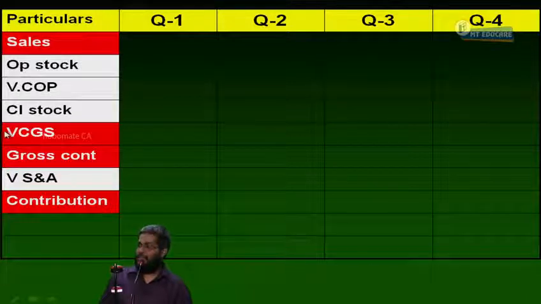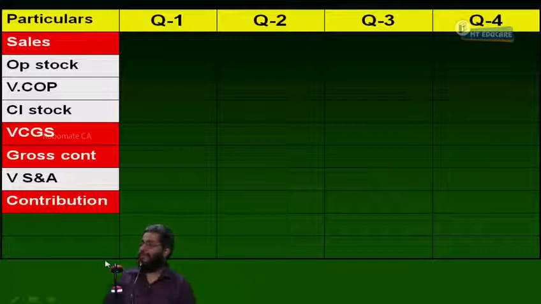A is sales, B is variable cost of goods sold, C is gross contribution, in bracket write A minus B, and D is variable selling and administration. E is contribution. E contribution is C minus D.